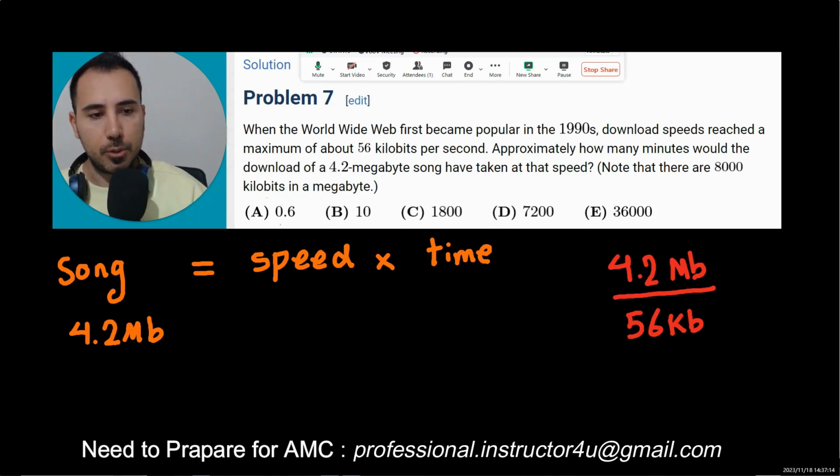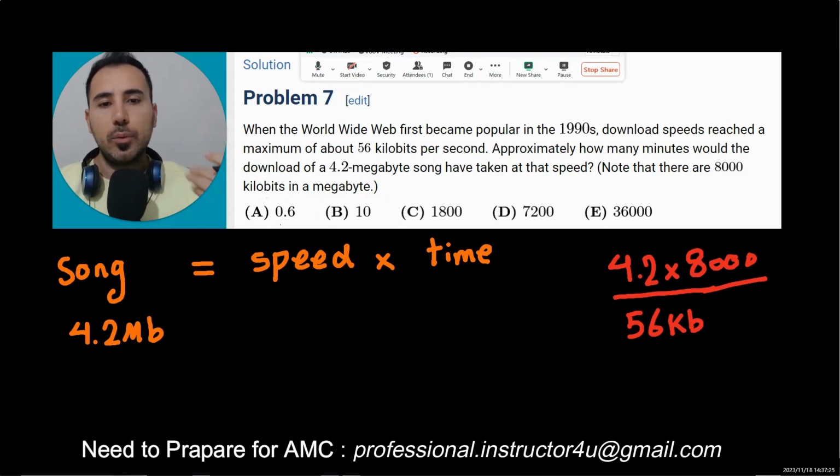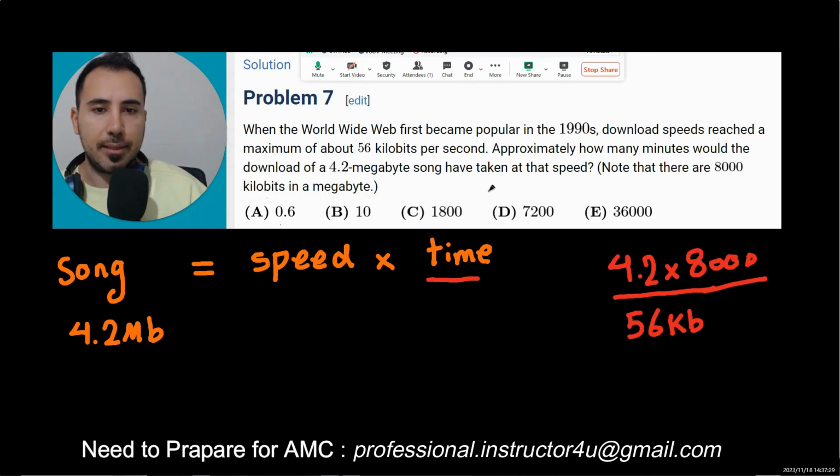So to make this into kilobytes, I just have to multiply this by 8,000. When we do this, the time that we get is going to be this, because the unit they gave us was per second. So the answer will be in seconds.